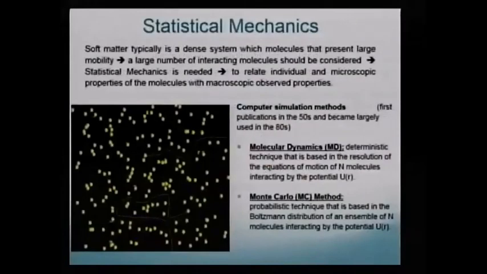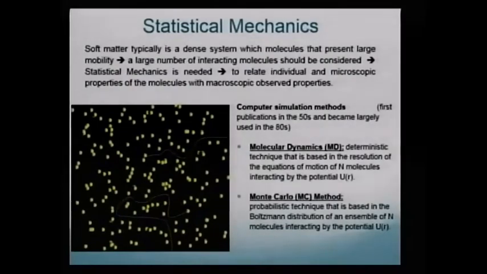So then what we have, in fact, we want to describe dense systems, a lot of molecules. So if we think about that, it's important to think that if we need a lot of molecules inside your system, you need to have statistical mechanics. So the idea is to perform simulation. And the first methods that we have to perform simulation were developed in the 50s.